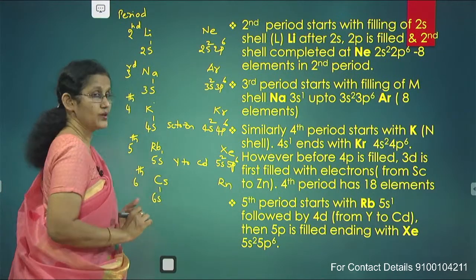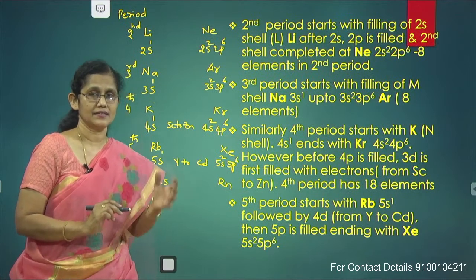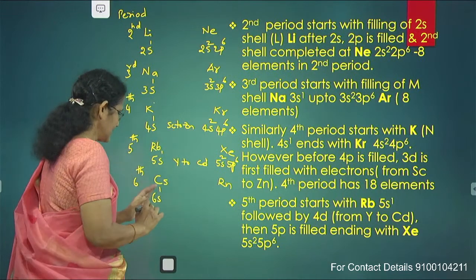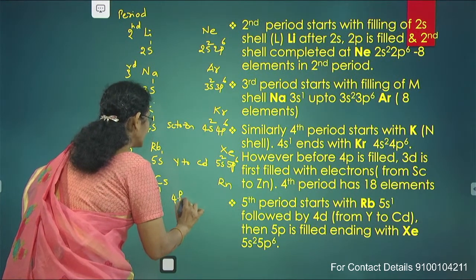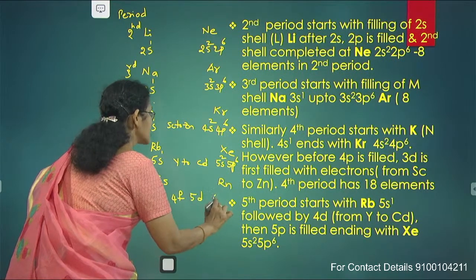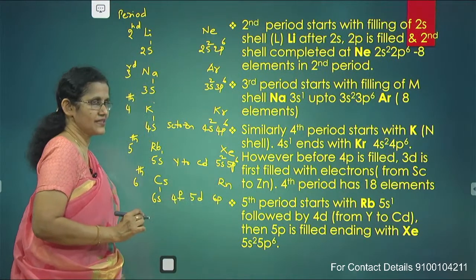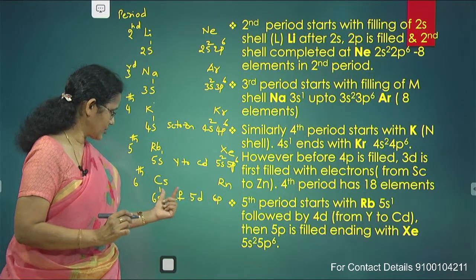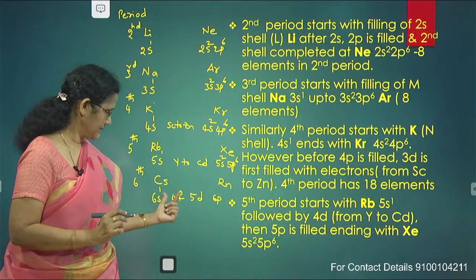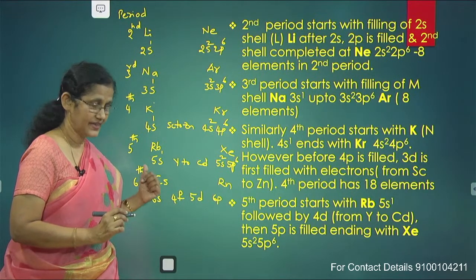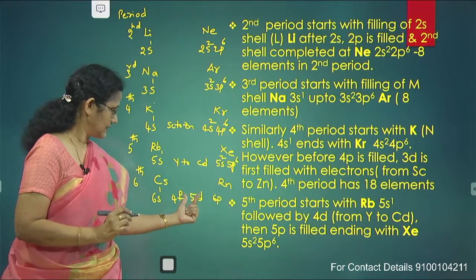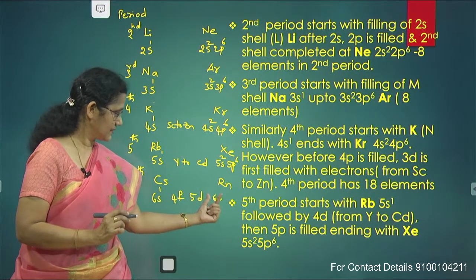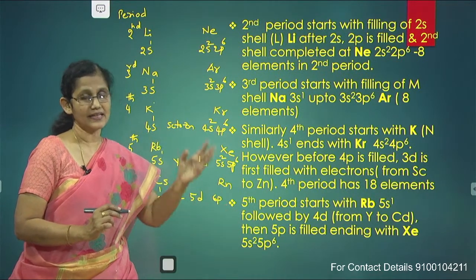6s1. What is the order of filling in the sixth period? 6s, 4f, 5d, 6p, right. 6s, 4f, 5d and 6p, 6s2, 6p6. So, in this particular order they are filling. S can have 2 electrons, F maximum 7 orbitals, 14 electrons, D, 5 orbitals, 10 electrons possible, P, 3 orbitals, 6 electrons possible.